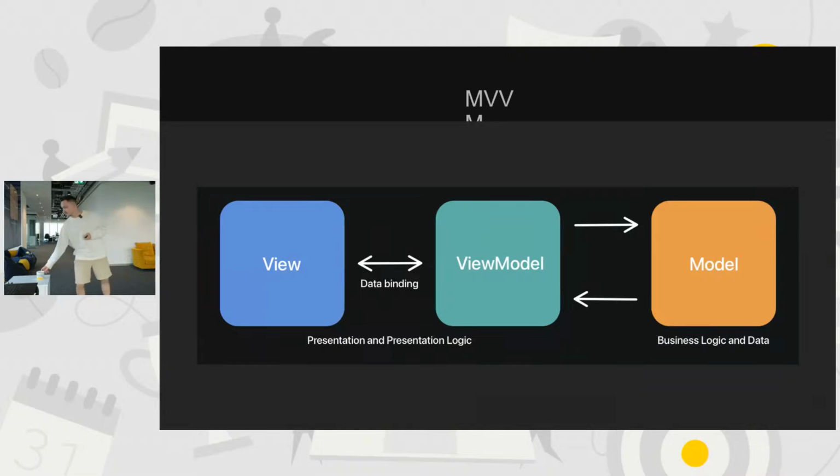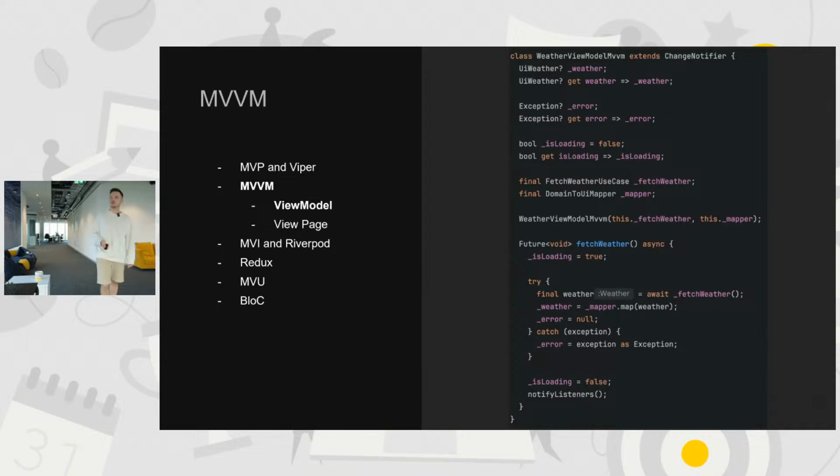MVVM. Basically, we have a simpler concept. We have a view and we have a view model. A view knows about this view model, while the view model changes the model and responds back with this model to the view.